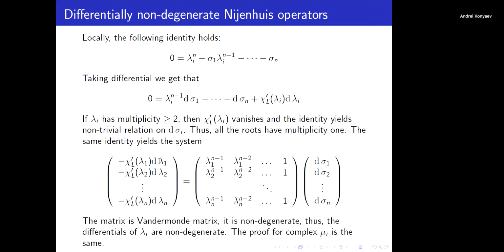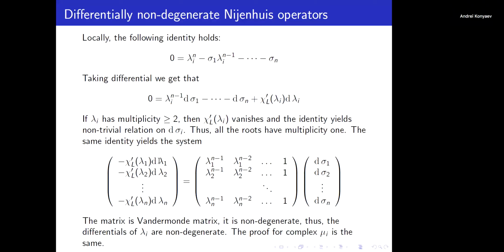Those eigenvalues are complex-valued smooth functions, not holomorphic, but complex-valued. It means that they are actually a pair of functions, real and imaginary part. And the differentials are independent if those real parts and imaginary parts are all independent, and stuff like that. So it's quite simple. So that's what we did.